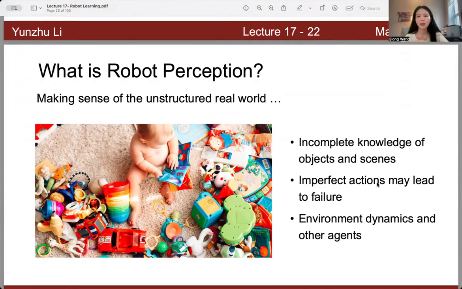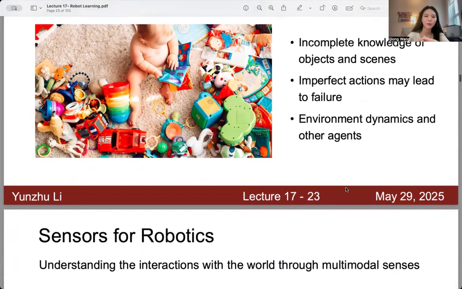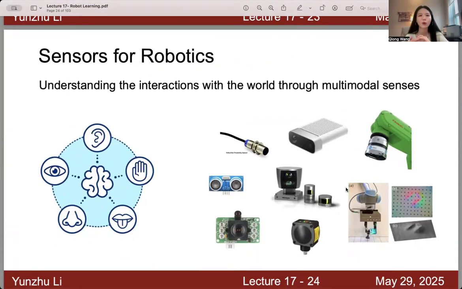There are many problems, for example, incomplete knowledge of the objects and things, a perfect action may lead to a failure, environment dynamics, and other agents. And sensing for robotics is about understanding the interaction with the world through multimodal senses.